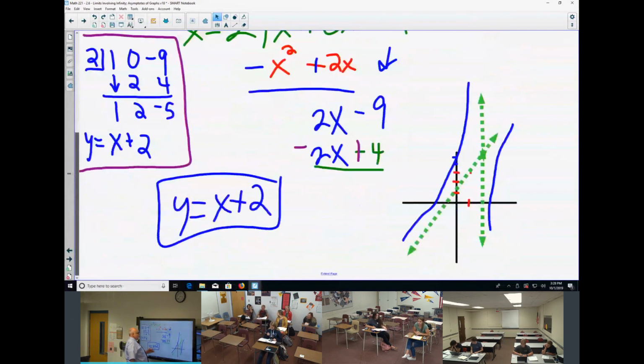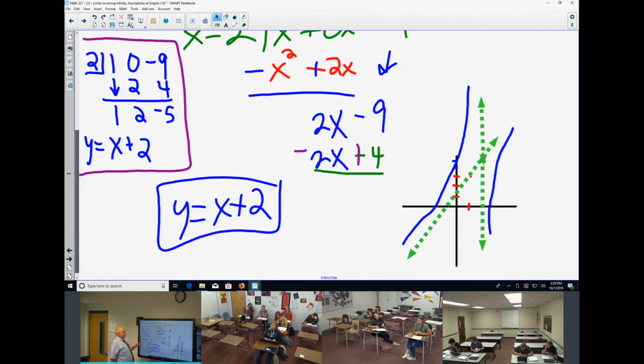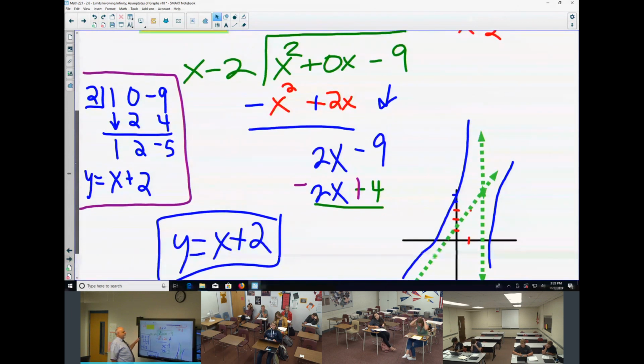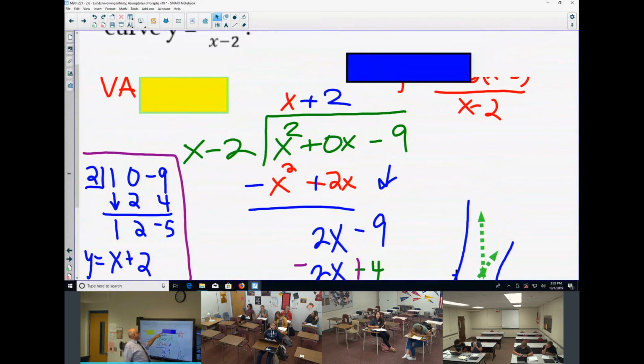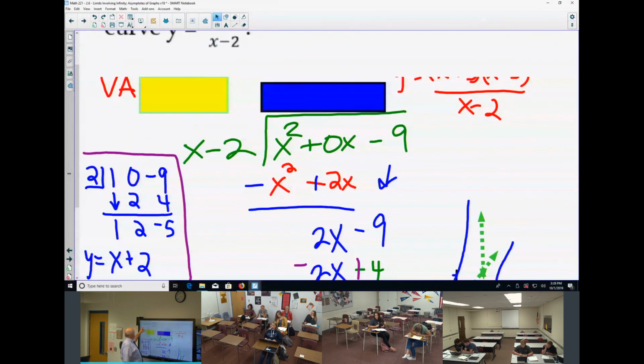So this y equals x plus 2, that's this slanted line. That's the oblique asymptote. All right, any questions on that? All right, so good job.